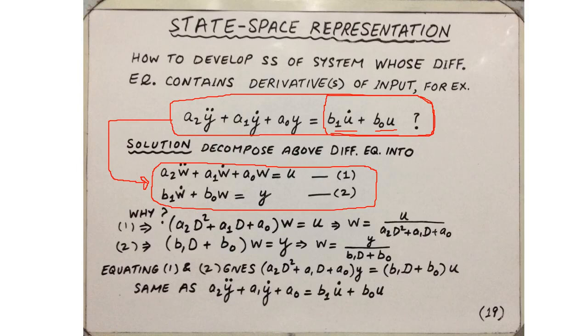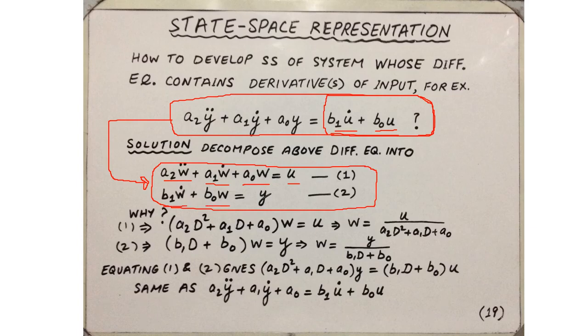One of them is a2 times w double dot plus a1 times w dot plus a naught times w, a linear sum which is equated to the input u. The other equation equates the output with the linear sum of w and w dot: b1 times w dot plus b naught times w.